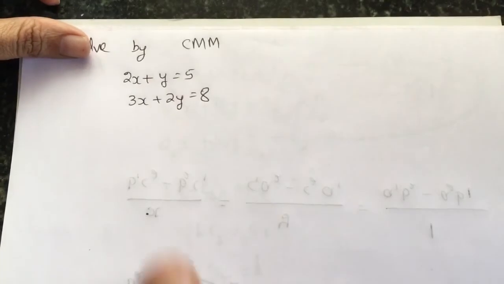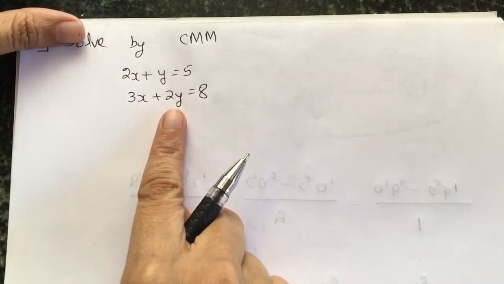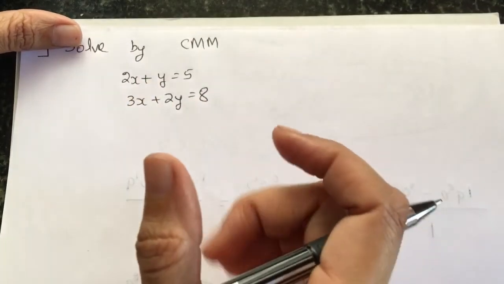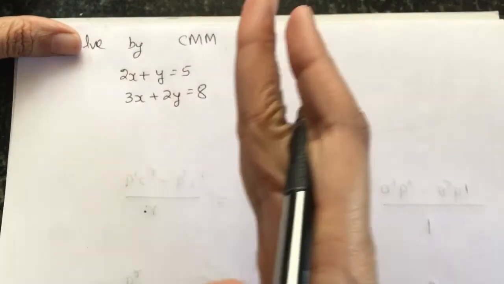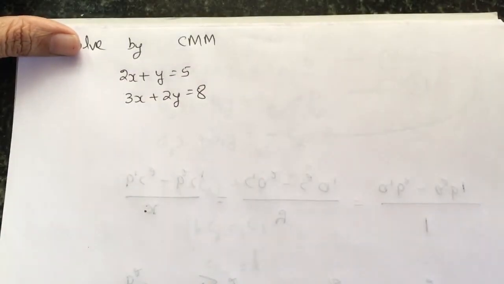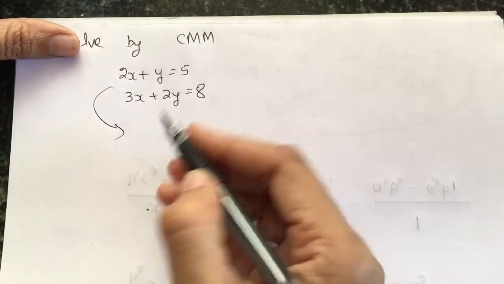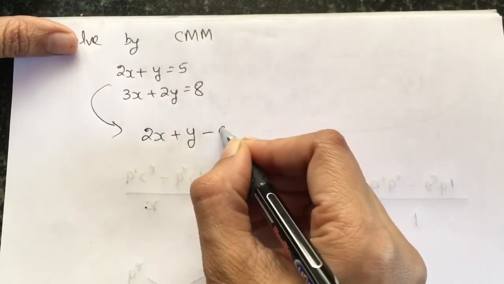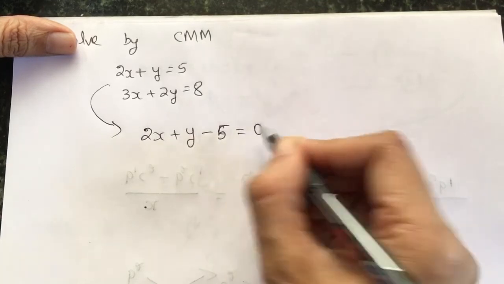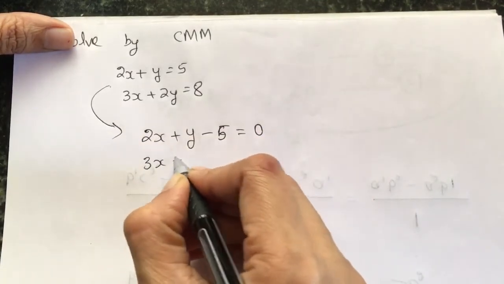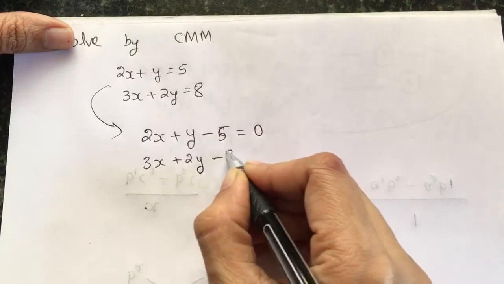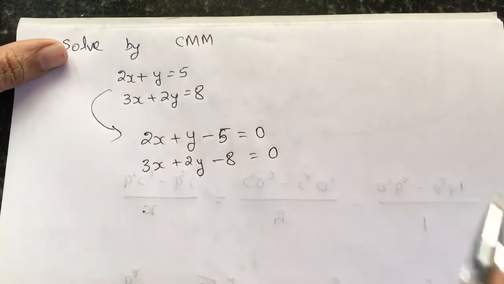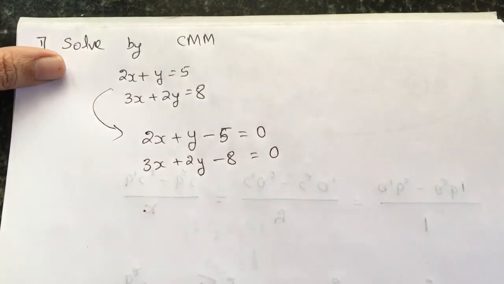Always remember one thing, when you are solving by cross multiplication method, you have to write the equations in the form a1x plus b1y plus c1 equal to 0, a2x plus b2y plus c2 equal to 0, so that it will be helpful to write down the coefficients.